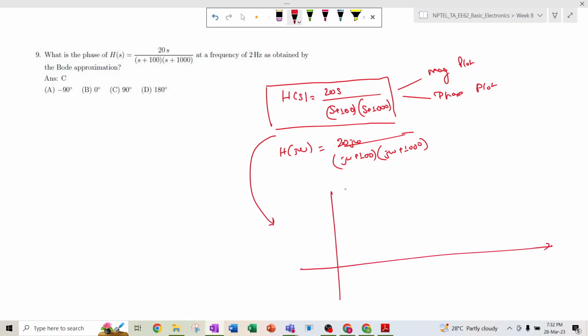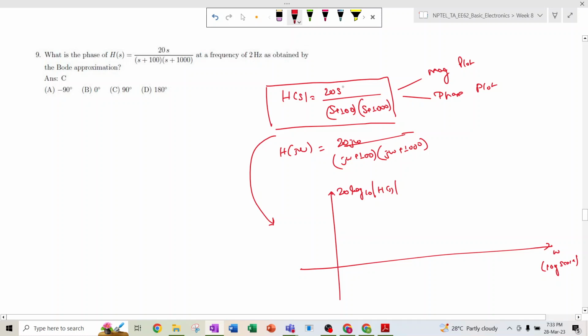In the Bode plot we take 20 log 10 of the mod value of Hs, versus omega. This omega is in log scale.